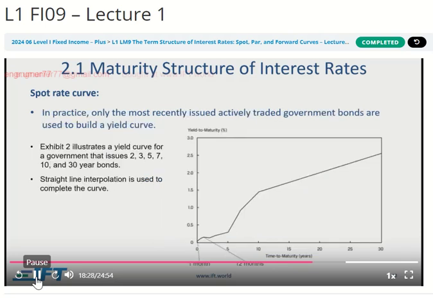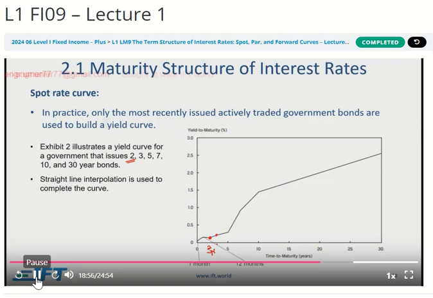So what we use is something called linear interpolation, and you know that concept from previous learning modules. And how that is done is, let's say you take the 2 year government bond, so that's going to give you this yield, right, from the 2 year government bond newly issued. So you know the price, you know the yield. And then you take the 3 year, again, you know the price, you know the yield, right?